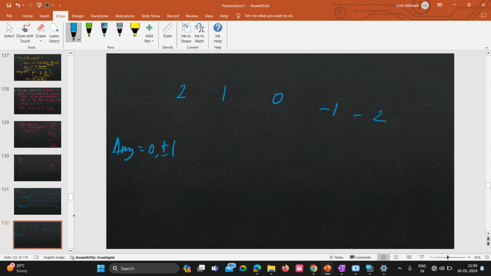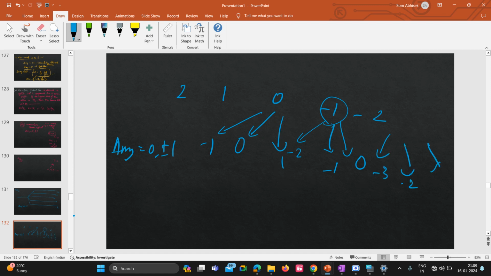Let's check. 0 change gives 0, minus 1 gives minus 1, plus 1 gives plus 1. For this one, 0 is minus 1, minus 1 is minus 2, plus 1 is 0. This one, minus 3, minus 2, minus 1.